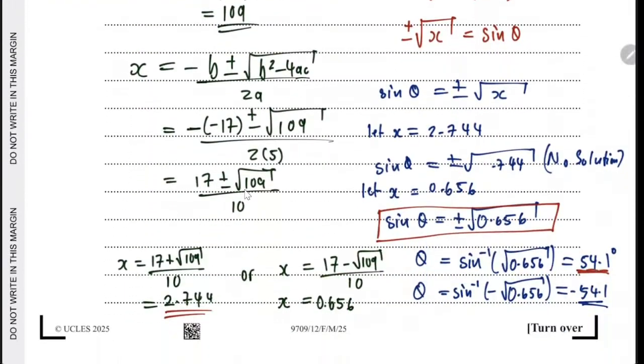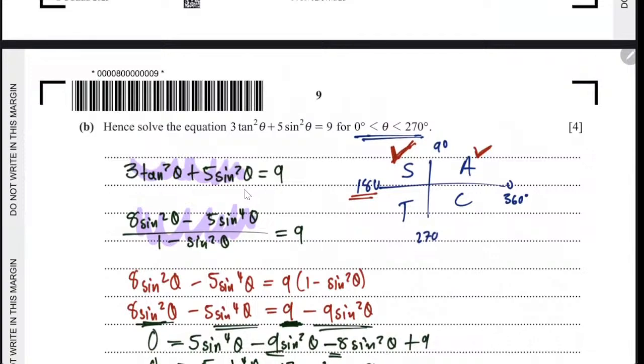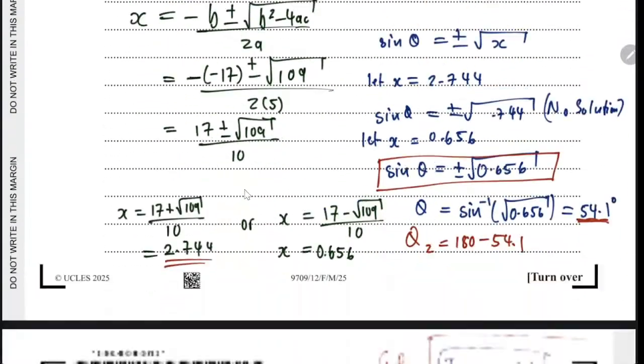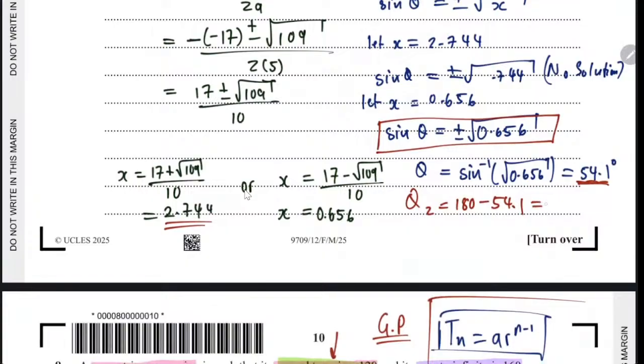You have to remove it from 180, okay? So you say theta number 2 is going to be 180 minus 54.1 because we are going backwards. So 180, then you go backwards. You understand? And what is that answer? 125.9. Yes.